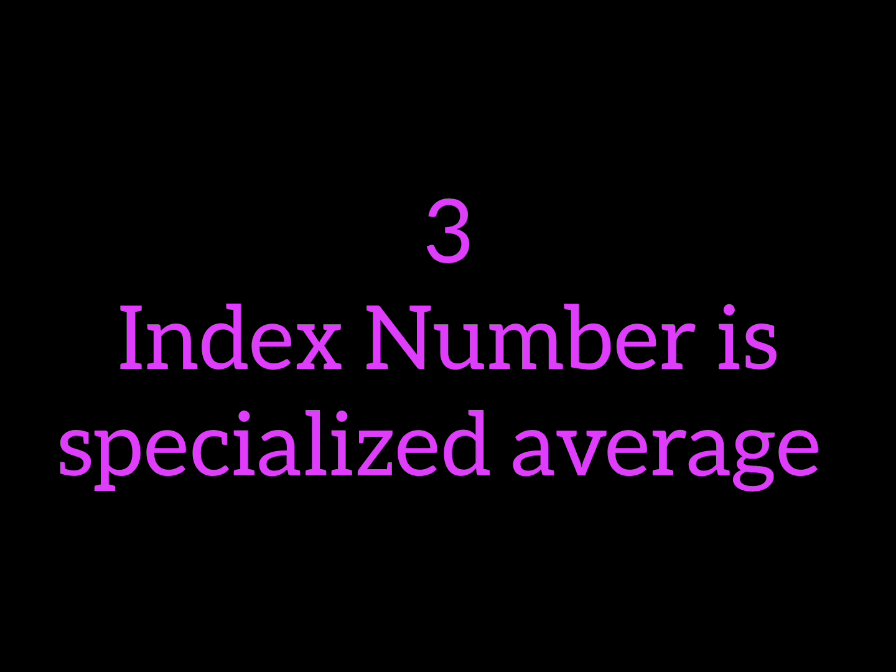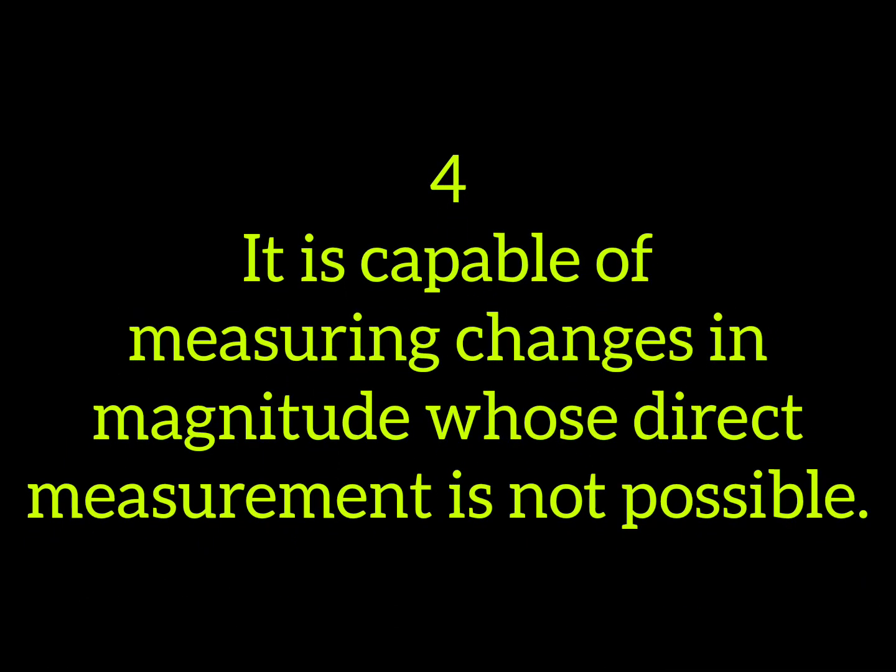Now going to the fourth one. Here we can see our last feature of index number, that is it is capable of measuring changes in magnitude whose direct measurement is not possible. Many a time the observed data is so complex and composite in character that it is not amenable to direct measurement.